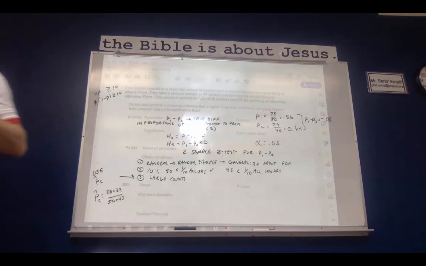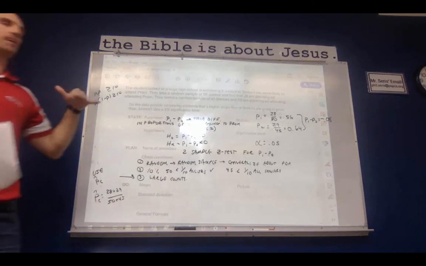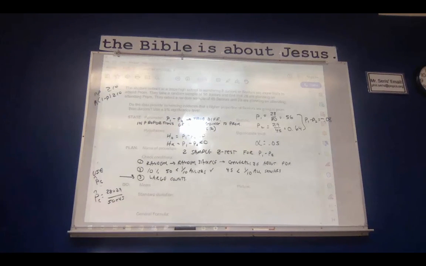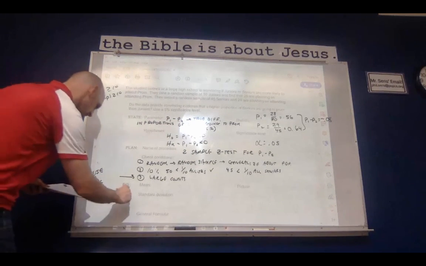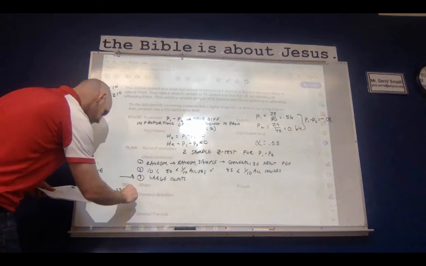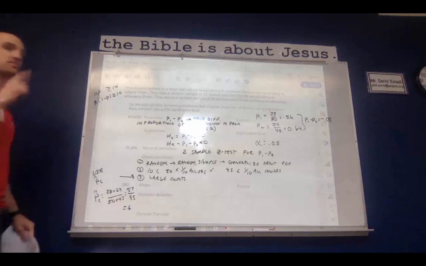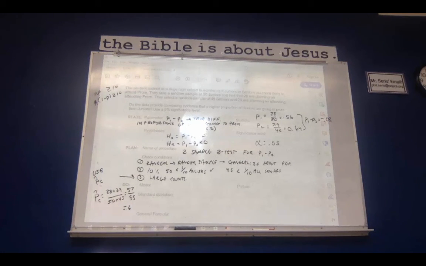That's what we're going to use for our large counts. Because that's saying, what if it didn't matter if you're a junior or senior? What proportion of people actually went to prom from our samples? And so in this case, we got 57 out of 95, which was 0.6. That's what we're going to use for our large counts.